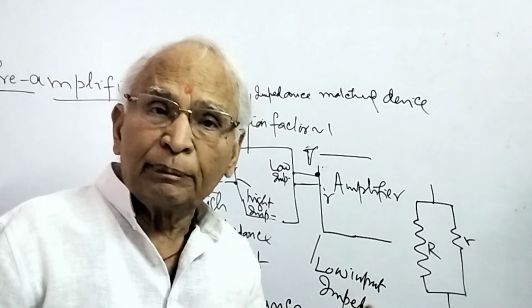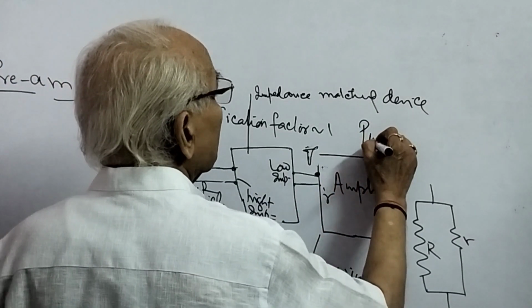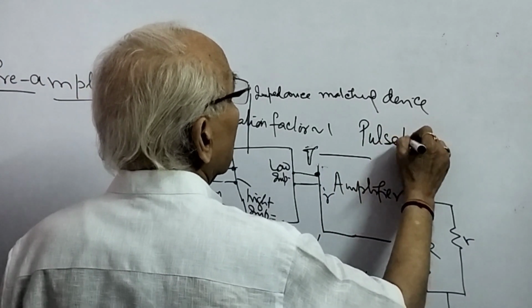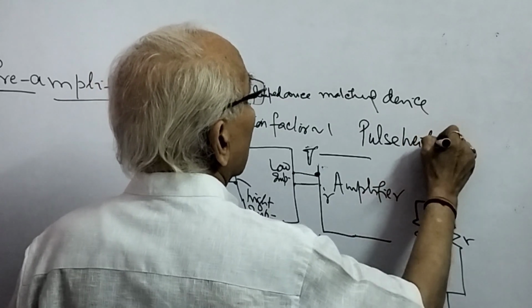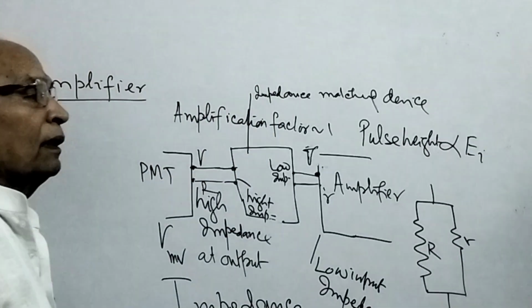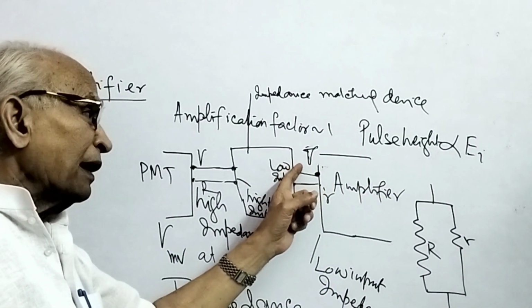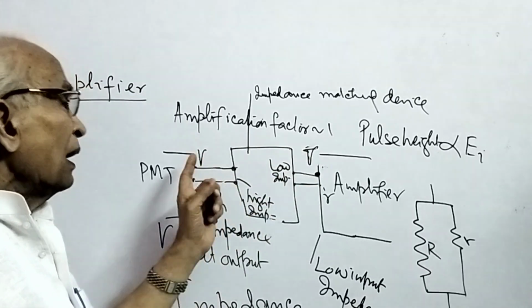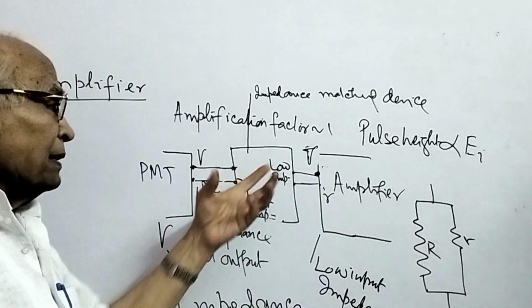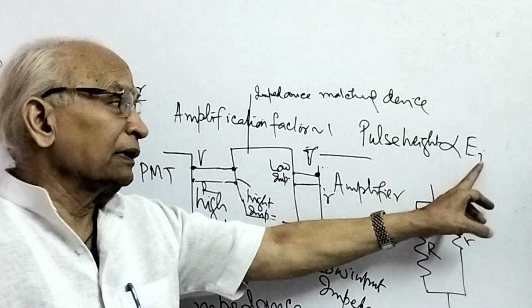Pulse height is proportional to the energy of the input gamma ray. If the pulse is attenuated or its shape changes, you will lose this E_i.